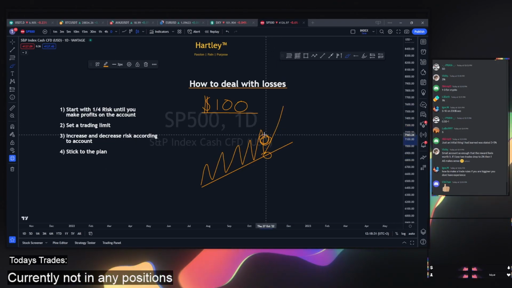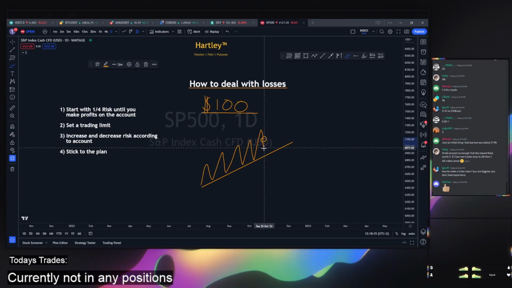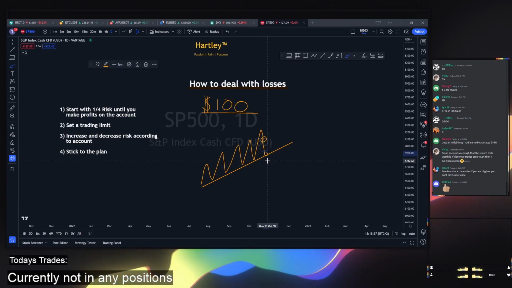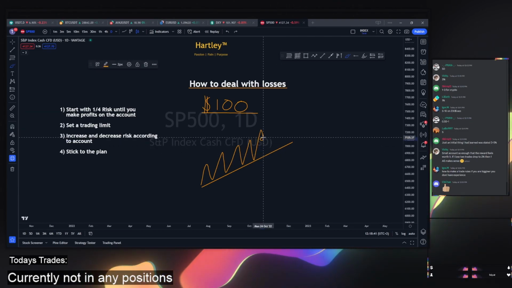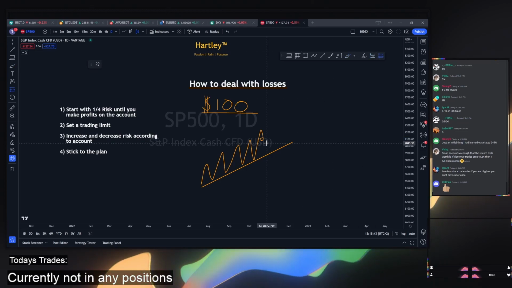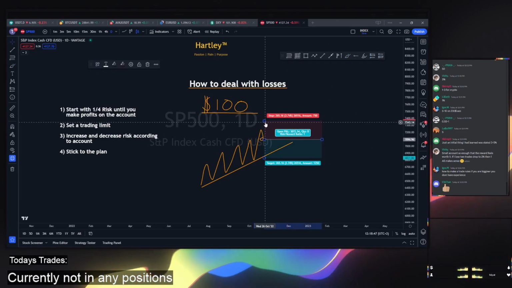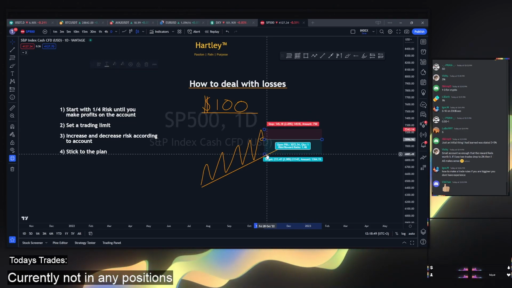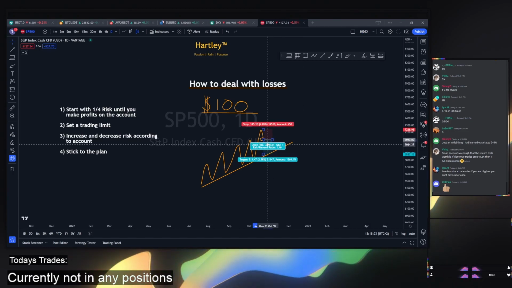But this wasn't part of the plan. This short down to the trend line wasn't part of the plan, because you got impatient and forced a trade. You tried to go short over there, down to here, just for a 1-to-1, because you were like, I haven't taken a trade in the past week. I want to go short.